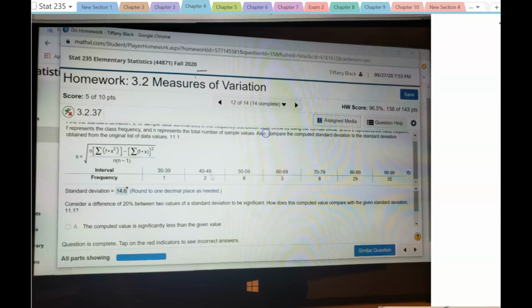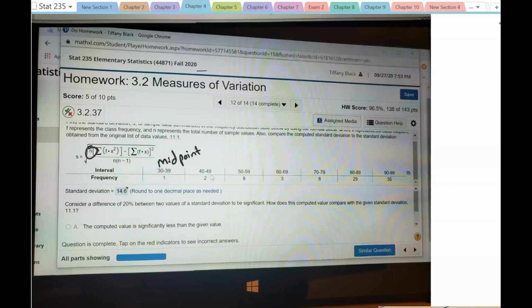This 3.2 measure of variation, this formula might look a little bit tricky because we're looking at an interval and a frequency. So the first thing in the interval is you need to find the midpoint, and that's going to be the value. N is the number of data points.